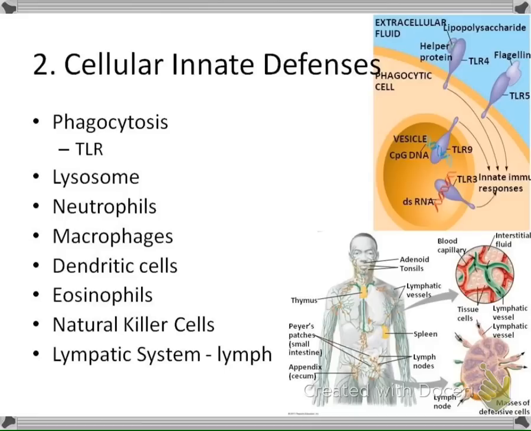Phagocytic cells detect fungal or bacterial components through receptors that are like those toll receptors of insects. They are called TLR, toll-like receptors.